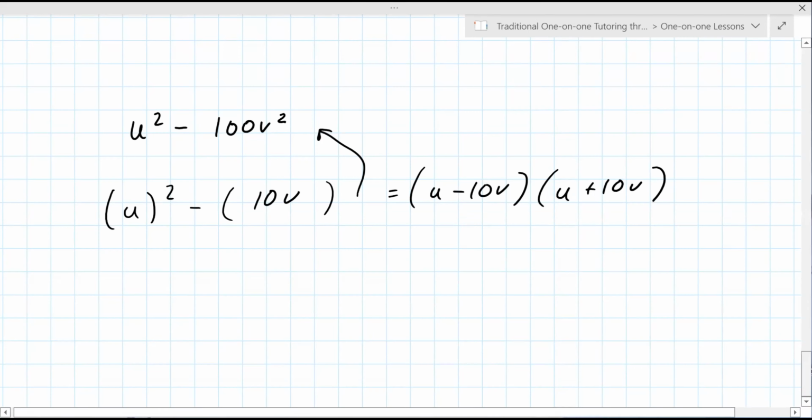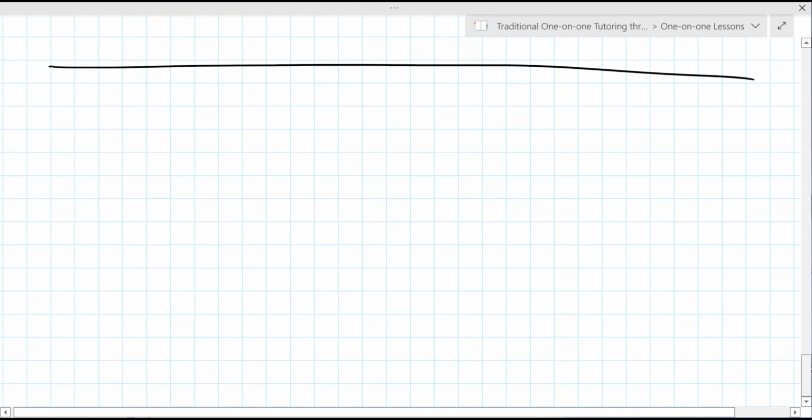All right, let's do another one here. 49 w squared minus 36 y squared.